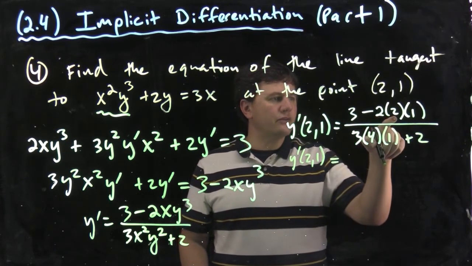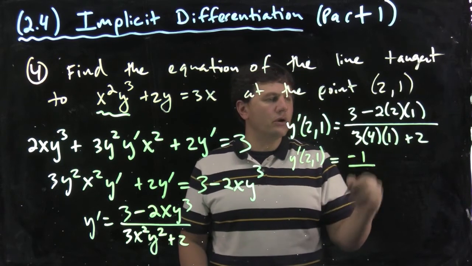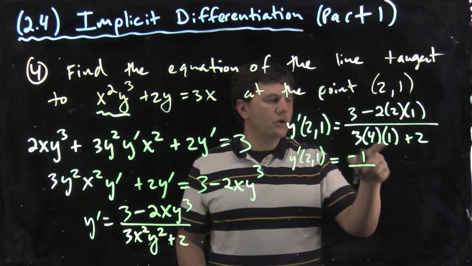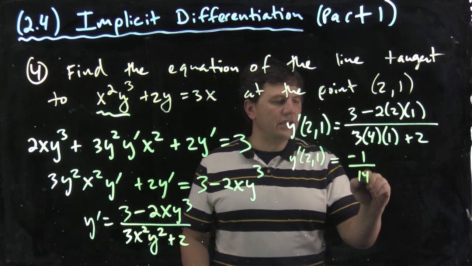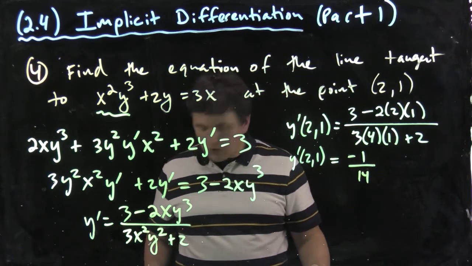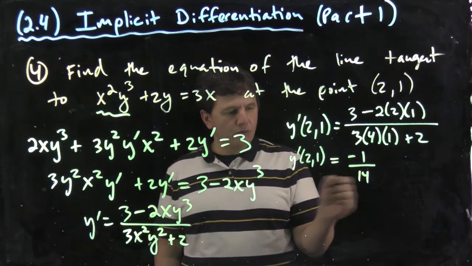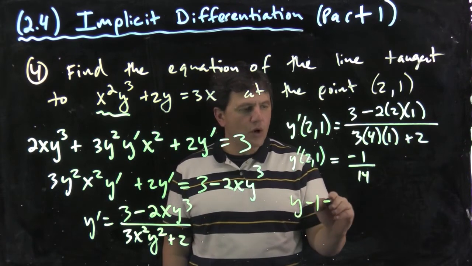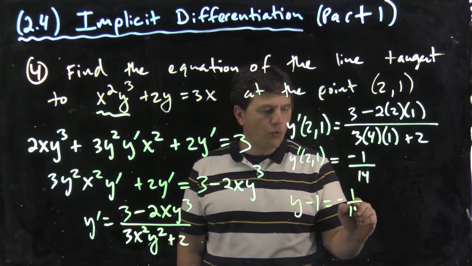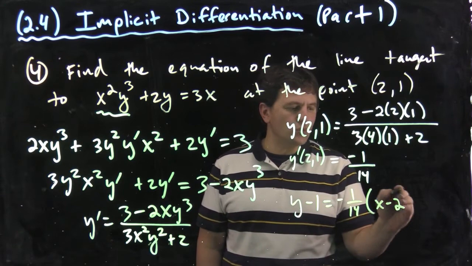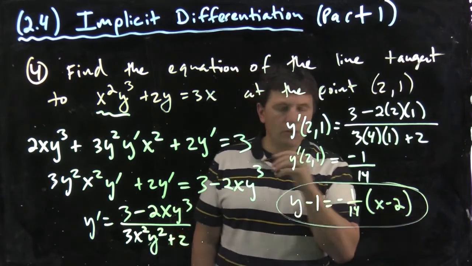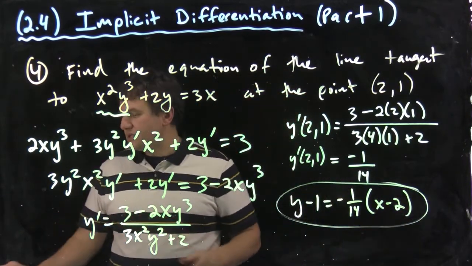Let's see, 3 minus 4, so that's negative 1 in the numerator. In the denominator, 12 plus 2, that's 14. And there is our slope. So for the equation of the line, the rest of this is pretty easy. y minus 1 equals negative 1 over 14, times x minus 2.